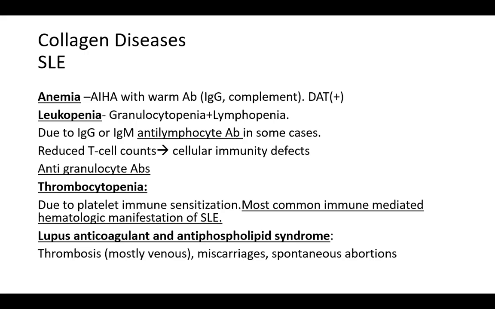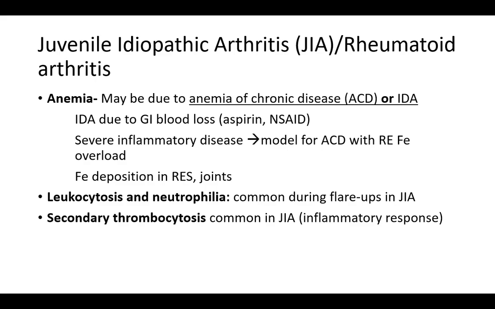Also, in systemic lupus erythematosus, lupus anticoagulant and antiphospholipid syndrome, which is also associated with antibodies, are common features of this disease, and may result in thrombosis, miscarriages and spontaneous abortions. Juvenile idiopathic arthritis is also associated with anemia.